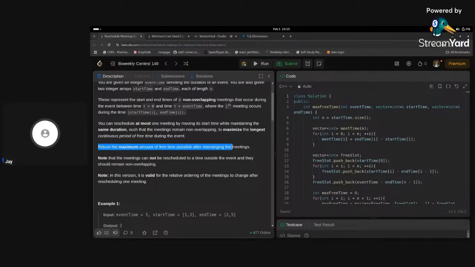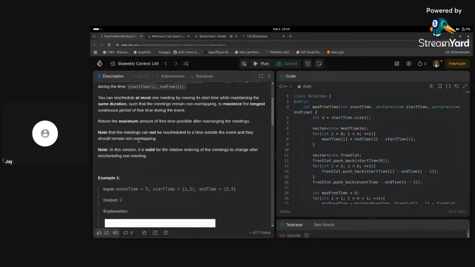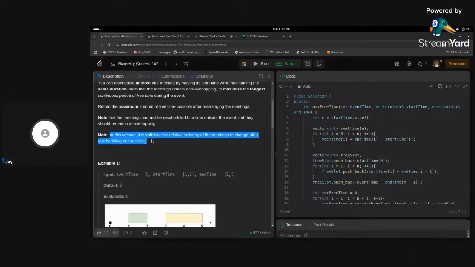And we had to return this maximum amount of continuous free time. But in this case, there was no constraint on the relative ordering of the meetings. Previously we had to maintain that if this meeting occurred first, this meeting second, then third, even after our rescheduling, meetings had to occur in the order 1, 2, 3. That could not change in the previous problem, but in this problem, it could change.